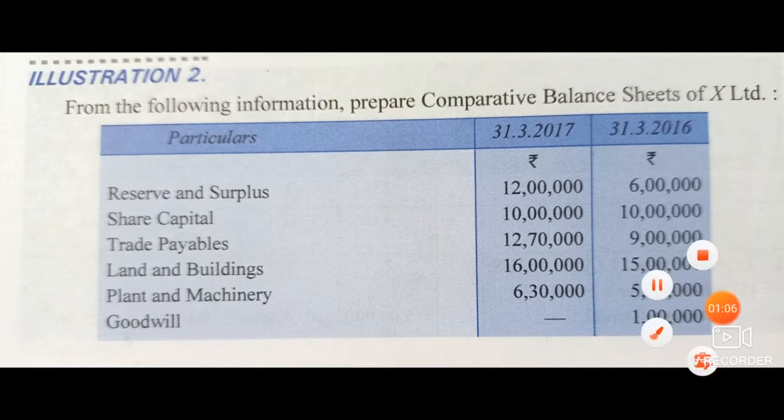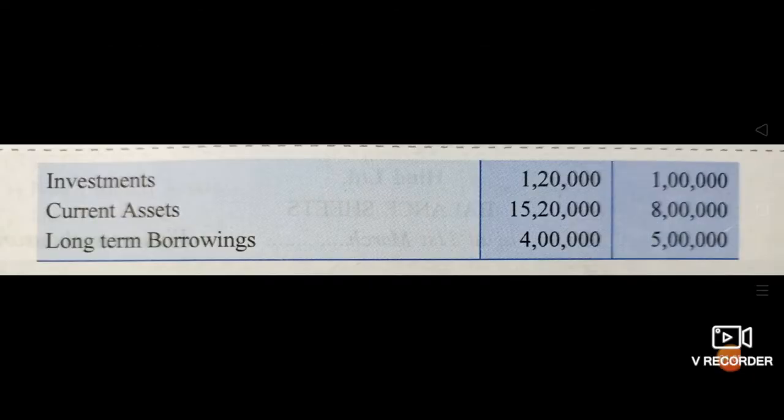Okay. Now next part, investment 1,20,000 and 1 lakh. Current assets 15 lakhs 20,000 and 8 lakhs, and long term borrowings 4 lakhs and 5 lakhs.